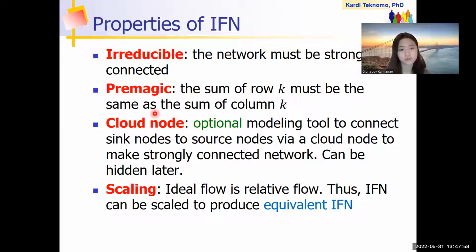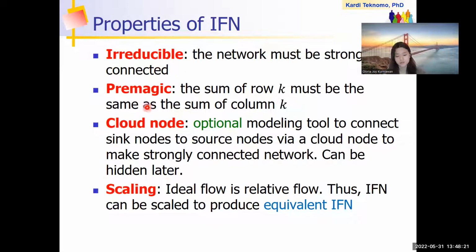In fact, this is what I used for the machine learning a while ago. We connect the sink node to the source node via the cloud node. You only need one cloud node. With that, it will become strongly connected. And then that result you can hide later.